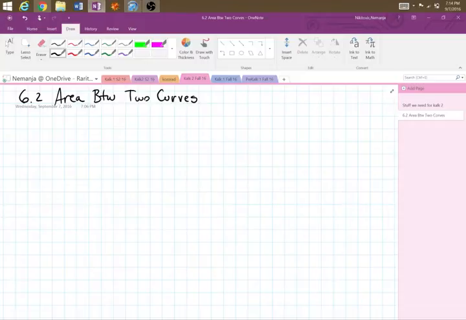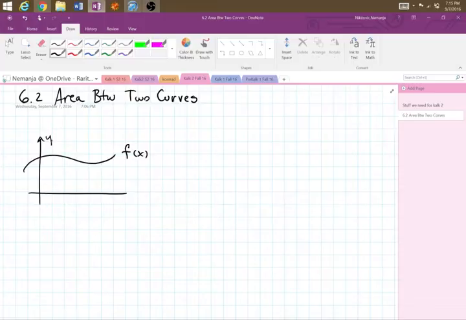We are going to expand on the lecture from Calc 1, which is just area below the curve. So now, instead of working on a problem that might look like this, which is Calc 1, you have some kind of a function, f of x, and then you would like to know what is the area between x equals a and x equals b.